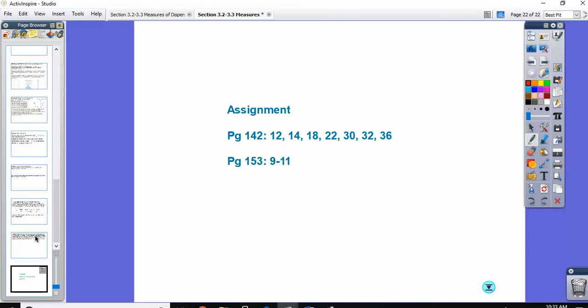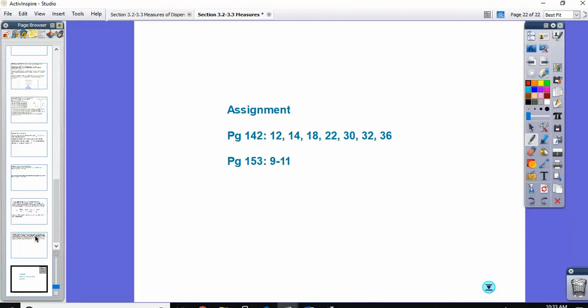What I would like for you to do, if you could do one problem by hand just to make sure you know how. So 1 or 2 problems by hand, minimum of 1, and then you can use the calculator on the rest of them. I don't expect you to work it all out by hand.